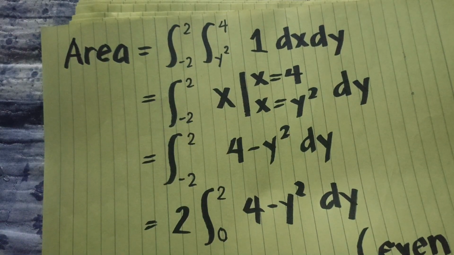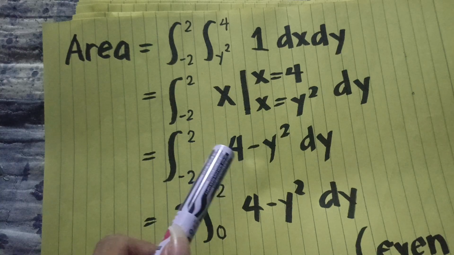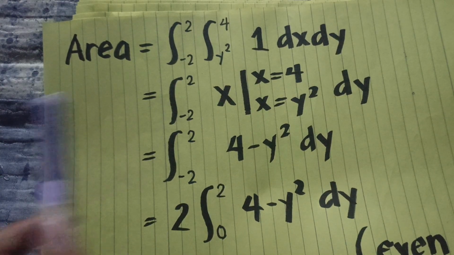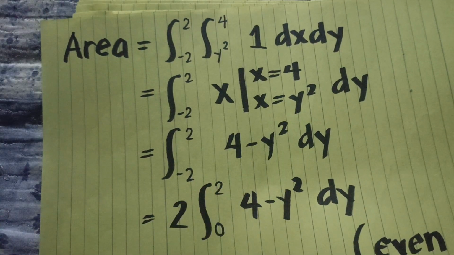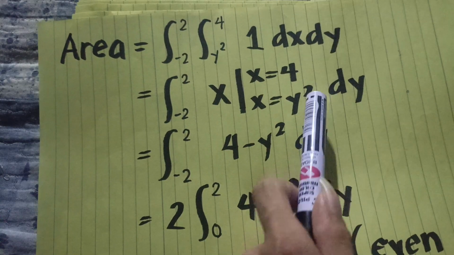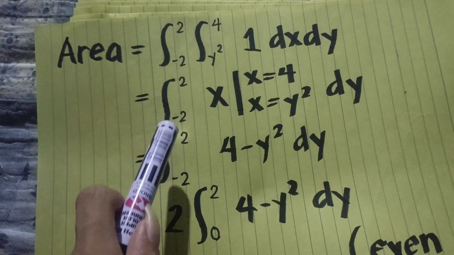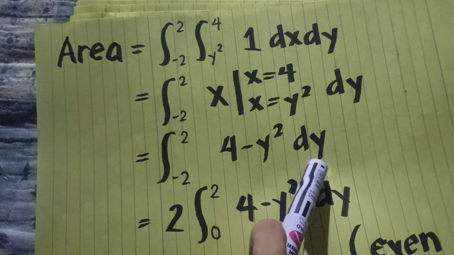So we anti-differentiate first with respect to x. That's going to leave us with the integral from negative 2 to 2 of x, where we need to plug in the top and bottom bounds. And there we're left with an integral with respect to y. Okay, so now we have the integral from negative 2 to 2 of 4 minus y squared dy.